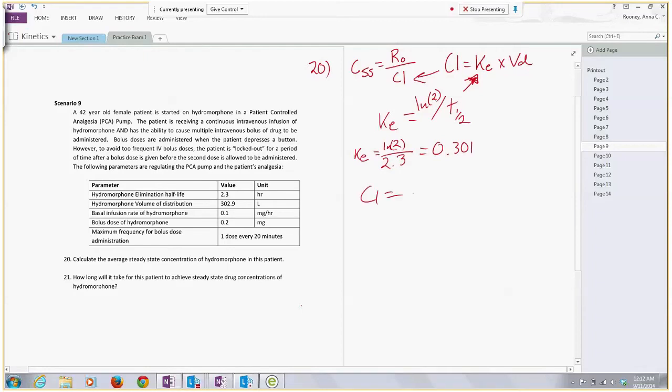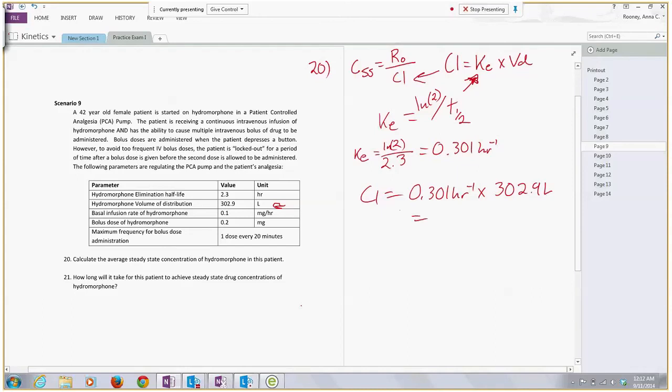So now we have units. Units, we have to keep our units straight. So now 0.31 inverse hours times our volume of distribution. Thank God they gave us our volume of distribution so that I don't have to calculate that too.